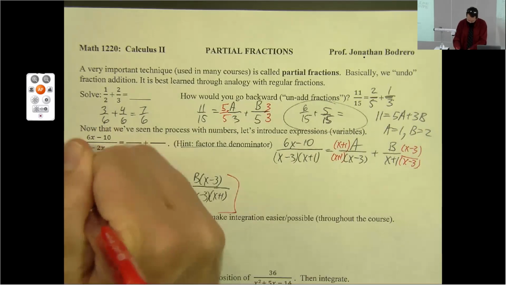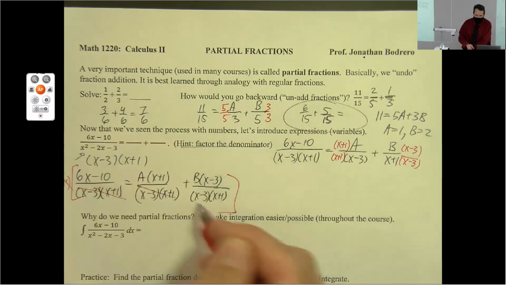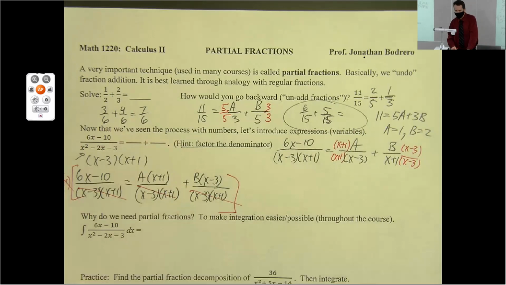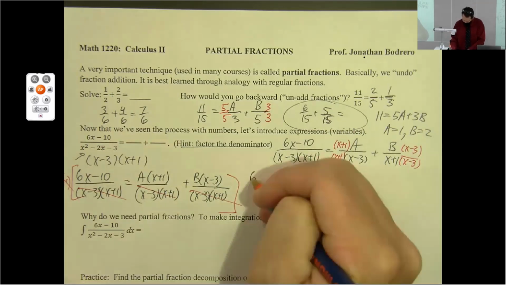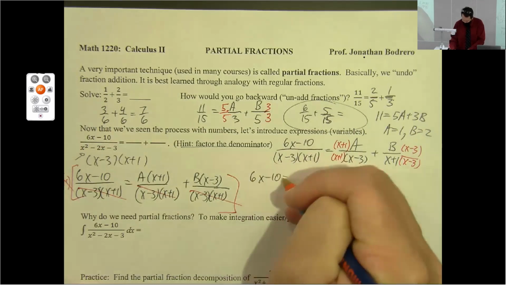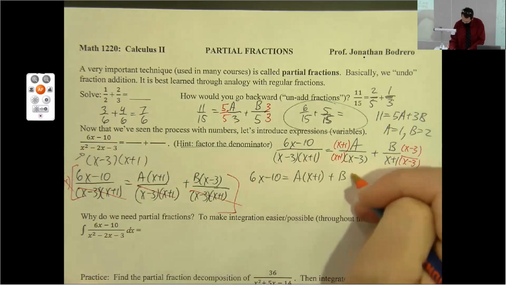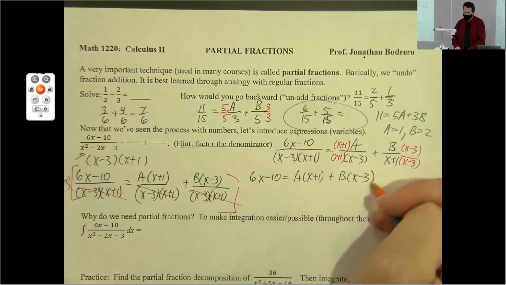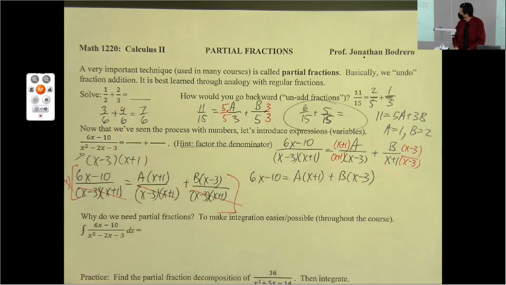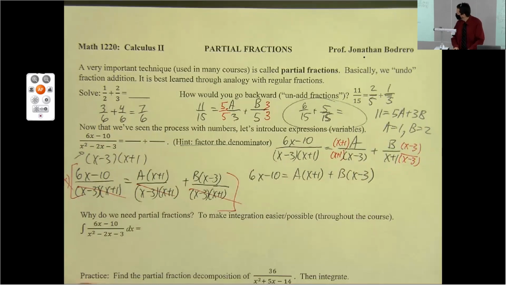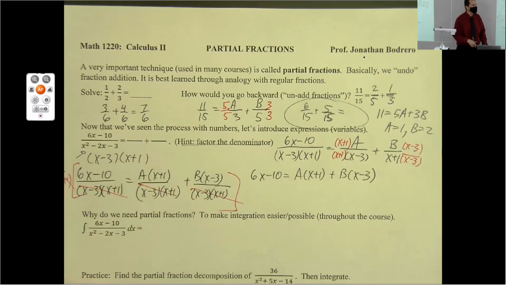And what's going to happen? Bam! No more denominator. Okay? So what does that tell me? It tells me 6x minus 10 is equal to a times x plus 1 plus b times x minus 3. And now we've got several choices. I'll show you two of the principal ways that we can handle this.